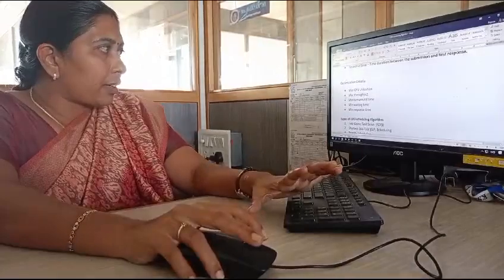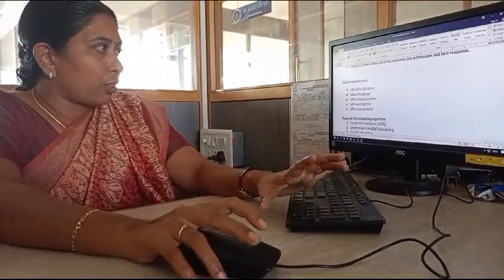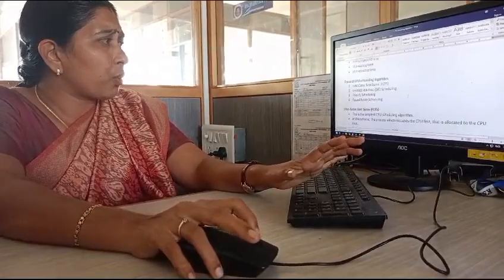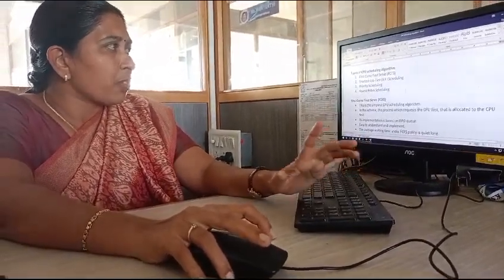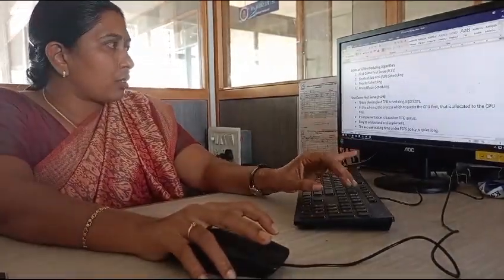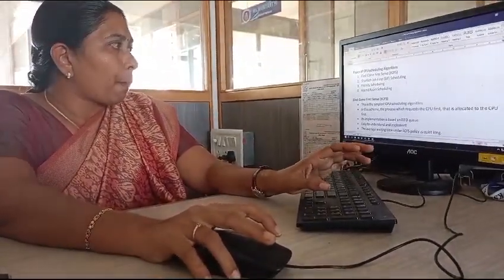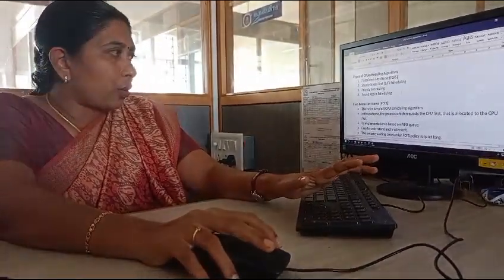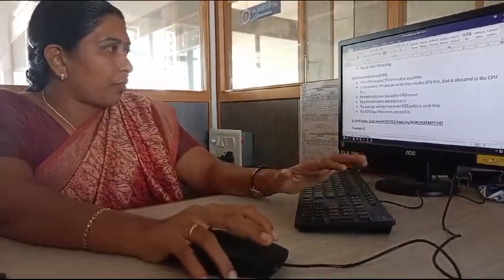Based on this criteria, an algorithm is said to be an optimized one. And CPU scheduling algorithms are of four types. First one is first come, first serve, and second one is shortest job first scheduling. Third one is priority scheduling, and last one is round robin scheduling. Let's see one after another.